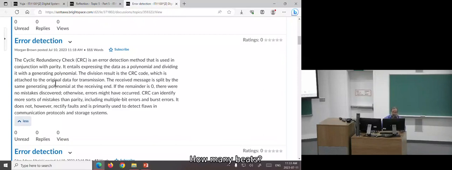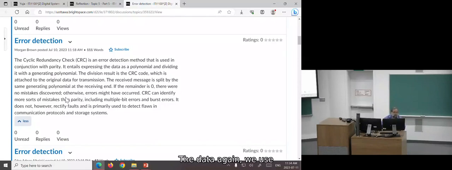How many bits do you know? I don't remember myself. I guess there are different CRC-8, CRC-16. So it depends on the polynomial that we would like to use. And you add a number of bits, not just one bit, as it was with parity, to the data.